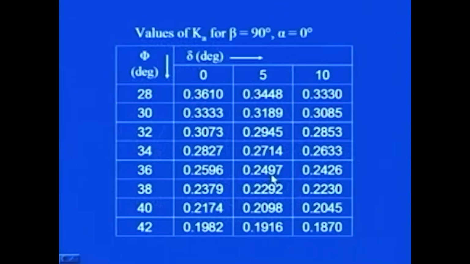So, you can simply pick the value of Ka from these standard tables which are available in standard textbooks. Now, we have seen that the first advantage of Coulomb's theory over Rankine's one is that Coulomb's theory can take into account the wall friction which Rankine's theory could not.